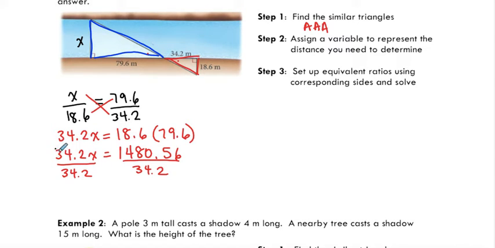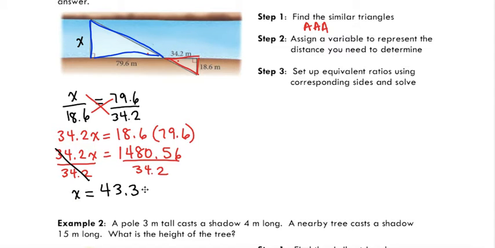so that they cancel each other out on the left-hand side. And I'm going to do 1,480.56 divided by 34.2. And that gives me an answer of 43.3 if I round to the nearest tenth. And that is perfectly fine for distances, so side measurements, to round to the nearest tenth.